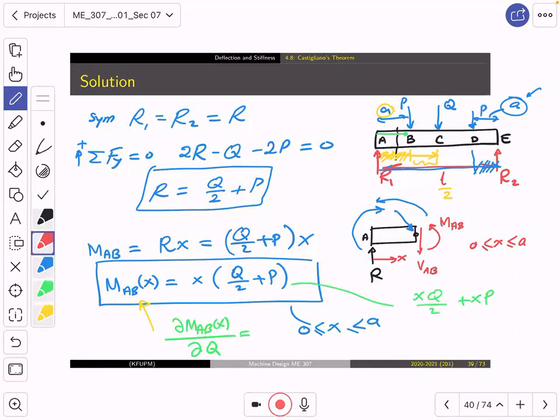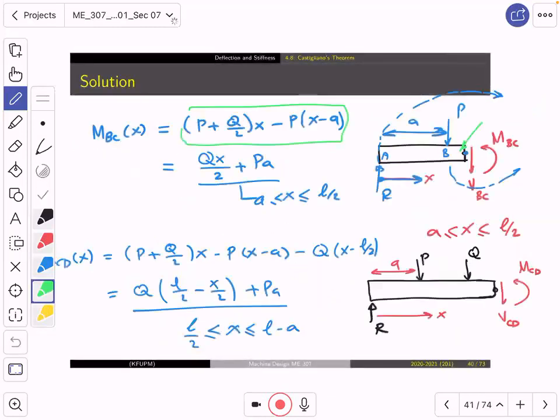Yes. So if you take the derivative of this one with respect to Q, the only part that has a Q is this one. Right? So what comes out? x over 2. Is that right? So I will get x over 2.